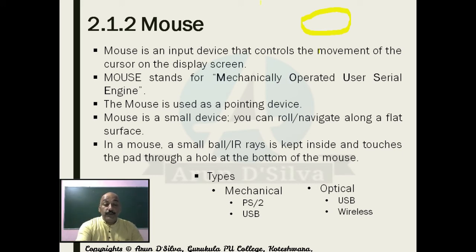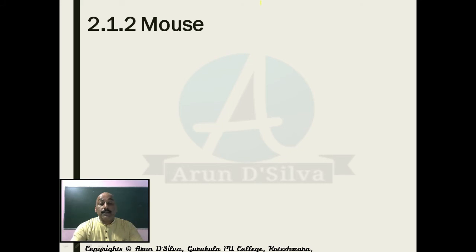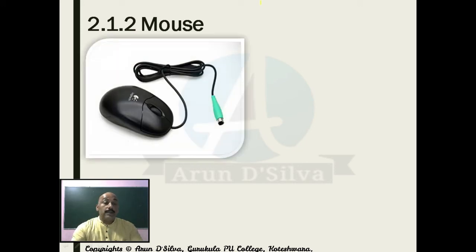Let me show you the first one. What is PS/2? PS/2 means Personal System/2, designed by IBM. Now let me show you the first one, the mechanical mouse with PS/2. This is a mouse, this is the wire, and this is the port. This is called PS/2.